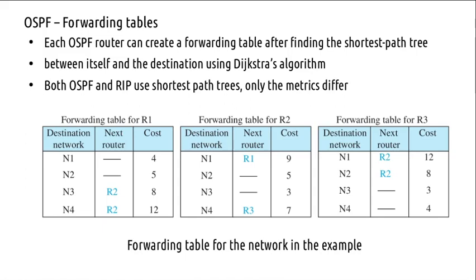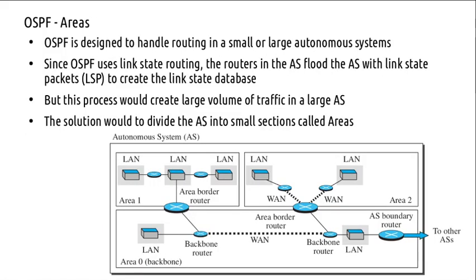Interior routing protocols cannot work independently of exterior routing protocols, so they have to work in synchronization. Those exterior or border gateway routers will provide updates to these routing tables.